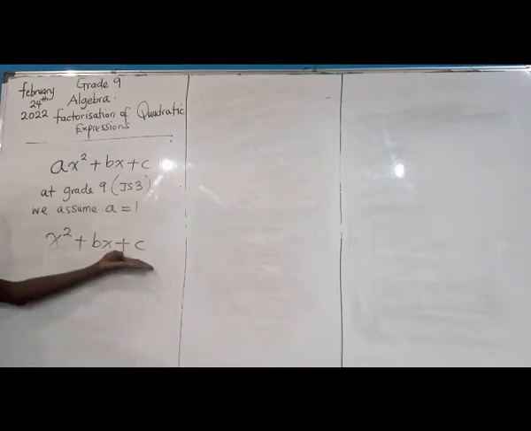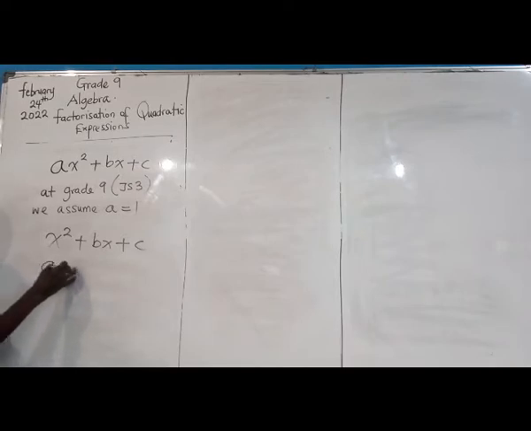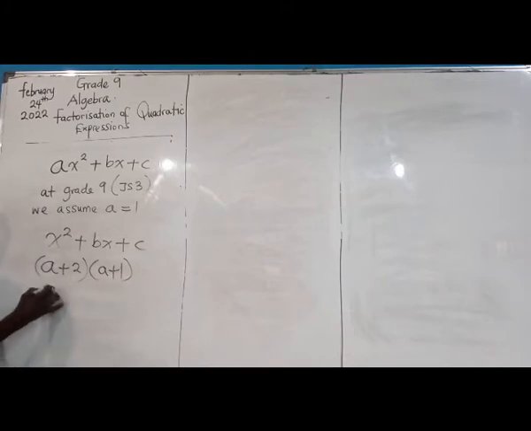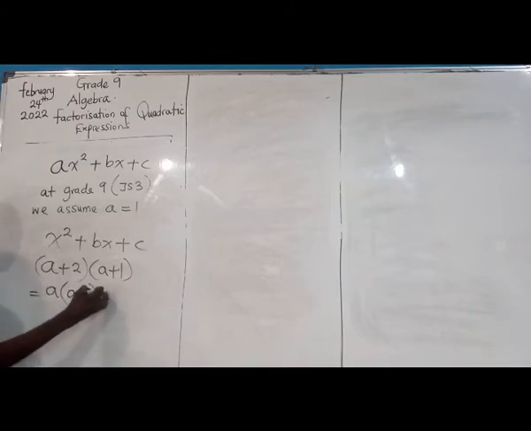Now, let's call back something we did earlier. Remember we said (a plus 2) into (a plus 1), and by way of direct product method, we're going to expand this. I'm going to have a squared plus a plus 2a plus 2.